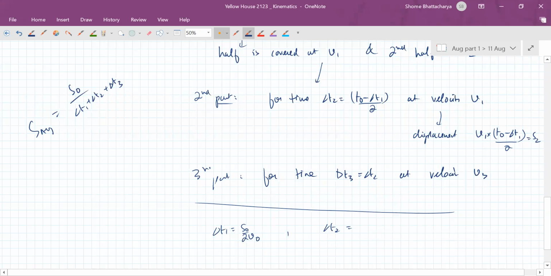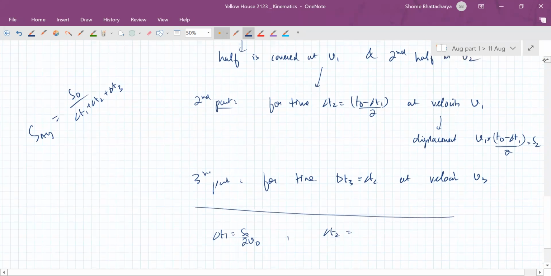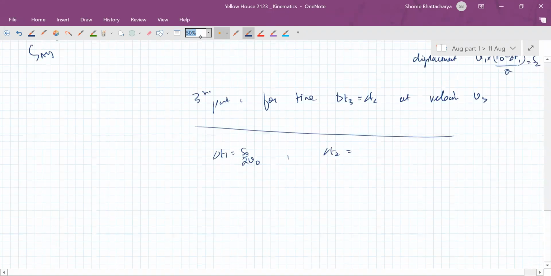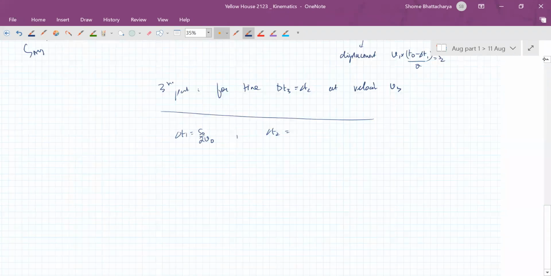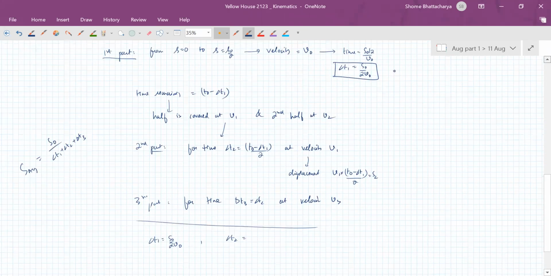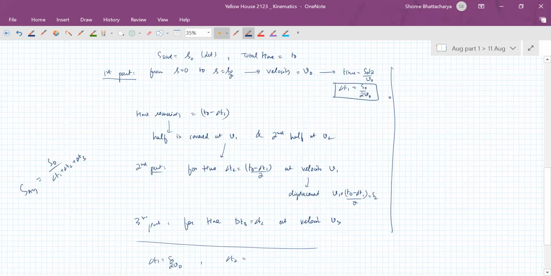now we'll have to eliminate in this way. Delta T2 is total time. Okay, so let's understand it this way. So basically, we have to manipulate the variables here in such a way that we are able to eliminate. So the first interval, the displacement is S naught by 2, the velocity is this one.